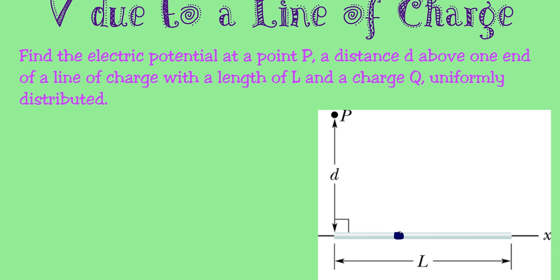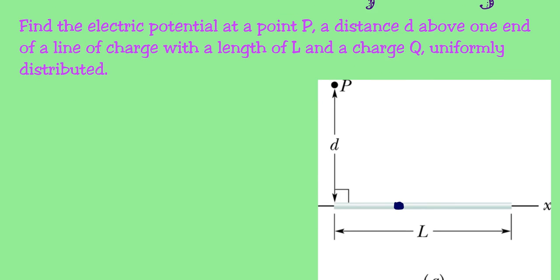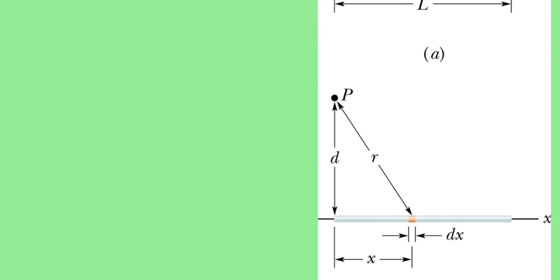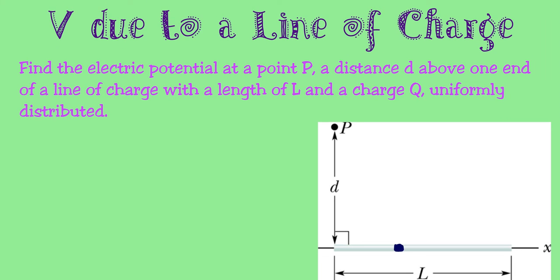I'll mark that little piece of charge here. That's dq. A little bit of charge dq has a length of dx. It's located a distance x from our left end, and it has a distance r from the point where we're trying to find the field.